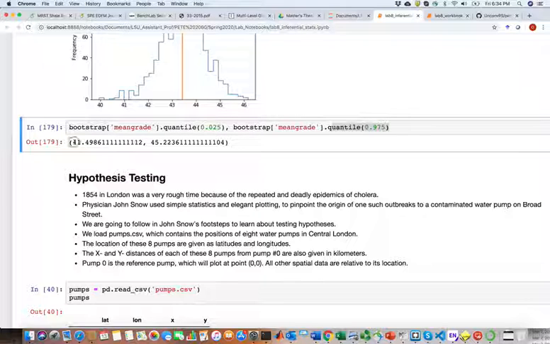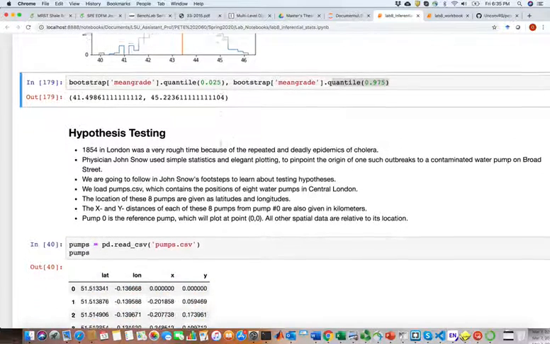So the expected average will lie within this interval. I haven't calculated what the average is for your midterm, but I'm pretty sure it's going to be within this interval, within a 95% confidence. So that's how you use confidence interval.